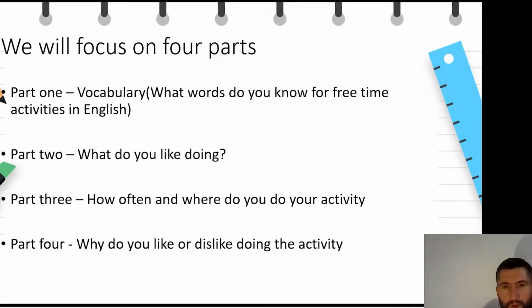What words do you know for free time activities in English? In part 2, we'll look at what you like doing. Part 3 covers how often and where you do your activity. And in part 4, why do you like or dislike doing that activity?